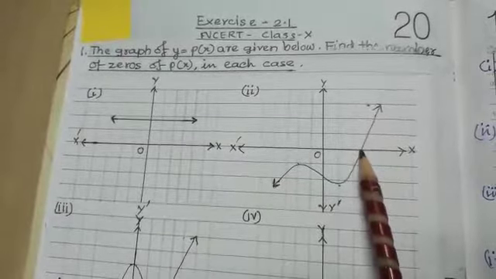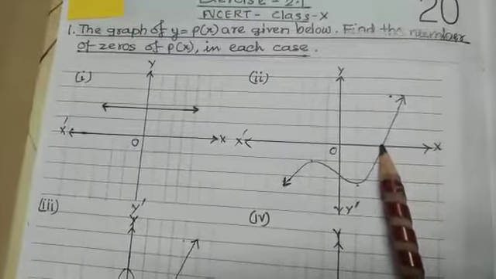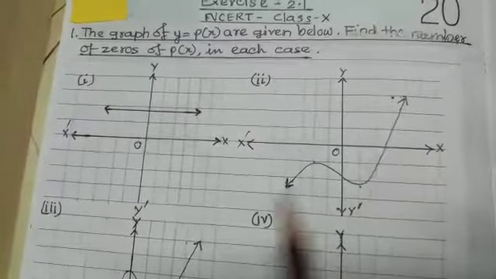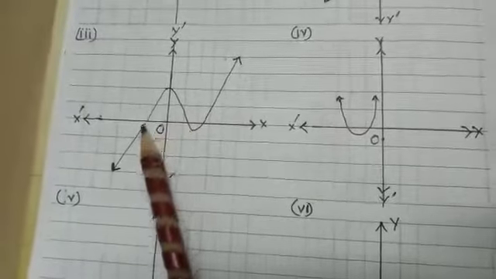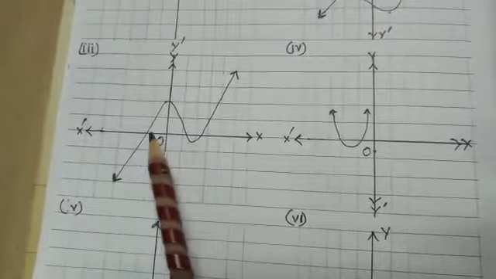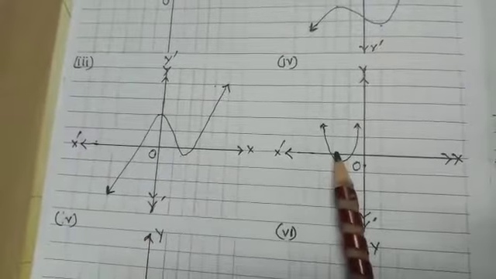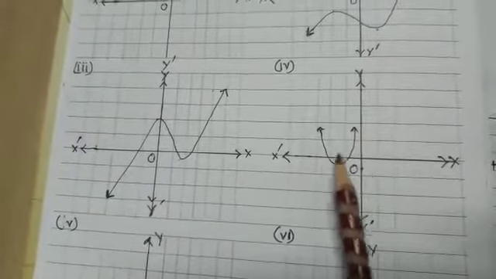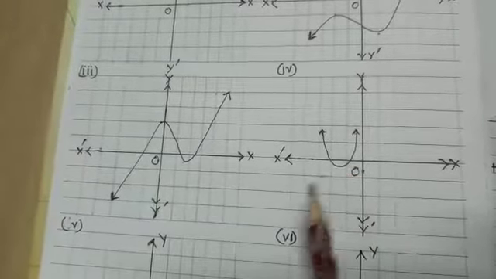You can see it intersects the x-axis at one point, so the number of zeros is 1. Third graph. The graph intersects the x-axis at 1, 2, 3 points, so the number of zeros is 3. This graph intersects the x-axis at 2 points, so the number of zeros is 2.